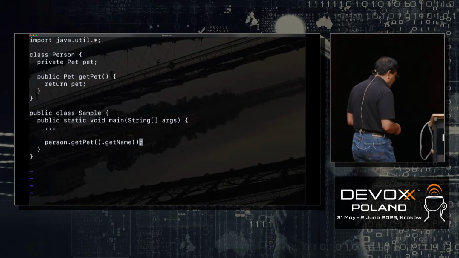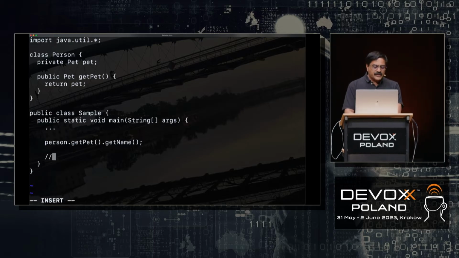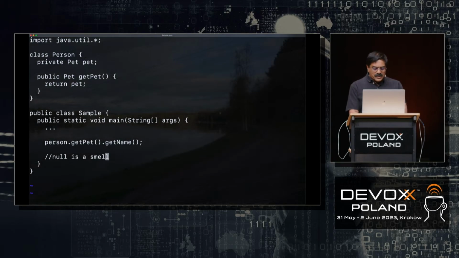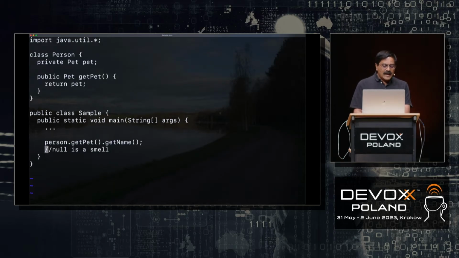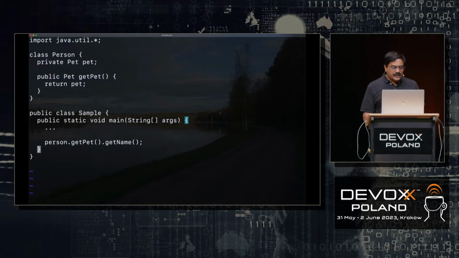So I actually am not a fan of null at all. So I would actually generally say that null is a smell, and I want to avoid null as much as I can. Well, in this case, of course, as we know in Java, we don't want to get into an accidental null pointer exception. That's the whole idea, is we don't want an accidental null pointer exception.